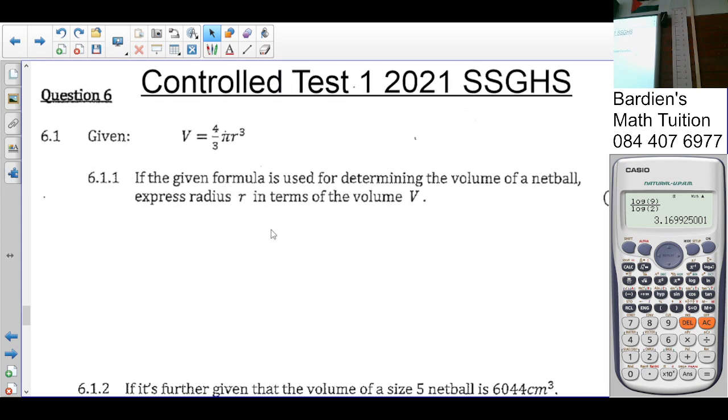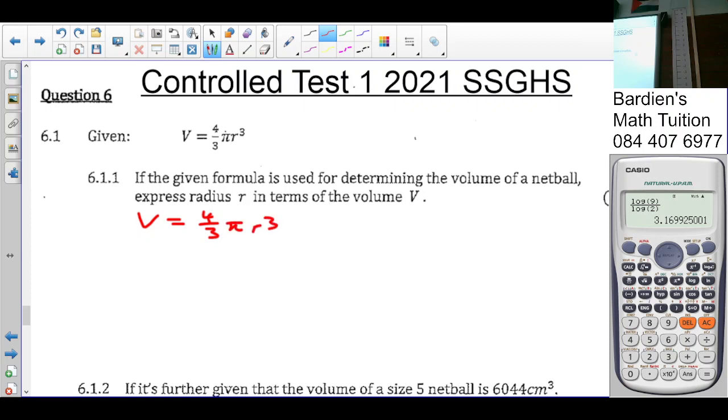So you are given V is equal to 4 over 3 pi r cubed. It's given, the formula is used for determining the volume of a netball. Express radius r in terms of volume. So what do we have to do first?